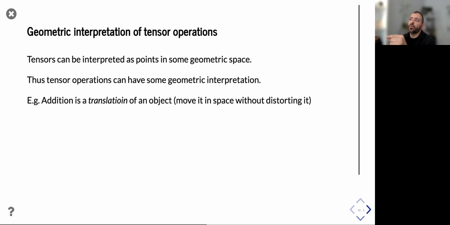So imagine a vector with 3 features. It can be, as we saw, the age, the gender, and something else, salary. No matter what it is, we can see it as a point in some space, in 3D space in this case. Which means that if all the tensors are points in a geometric space, then the tensor operations have some geometric interpretation, they are some transformation in this geometric space.